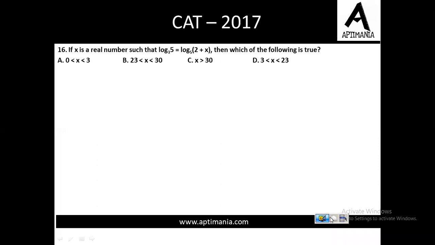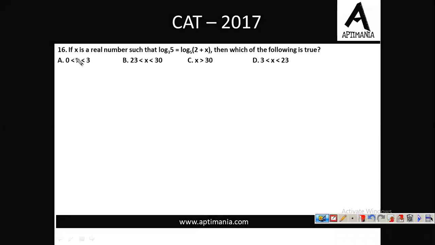Question number 16 is on the screen. Here it's given that x is a real number such that log 5 base 3 is equal to log 2 plus x base 5. So let's first talk about the left hand side value.